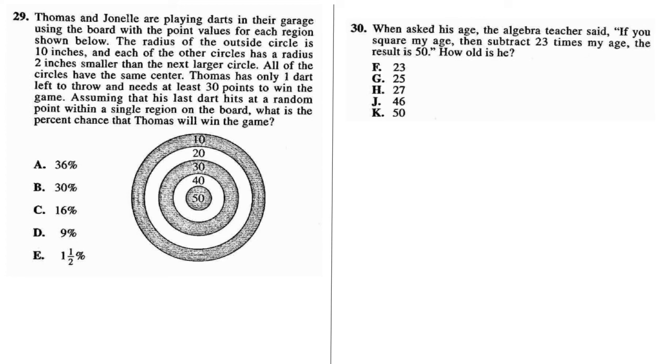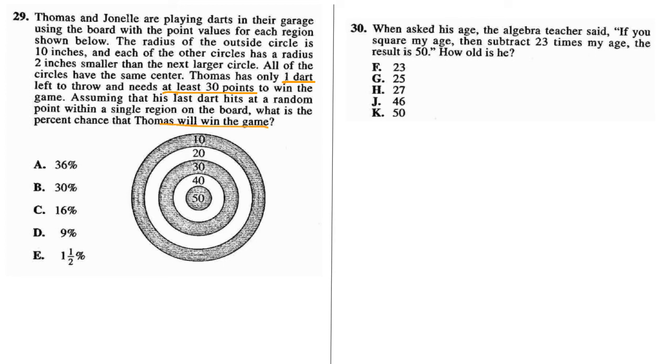Thomas has only one dart left to throw, and he needs at least 30 points. Now, he can have more than 30 points, but he needs at least 30 points to win the game. Assuming that his last dart hits at a random point within the single region on the board, what is the percent chance that Thomas will win the game?